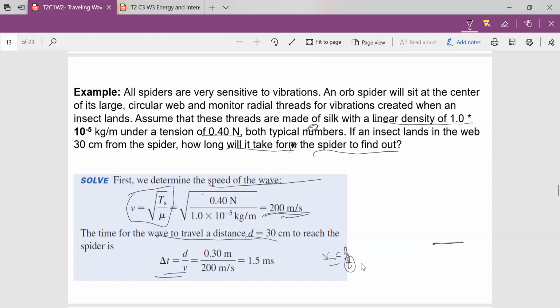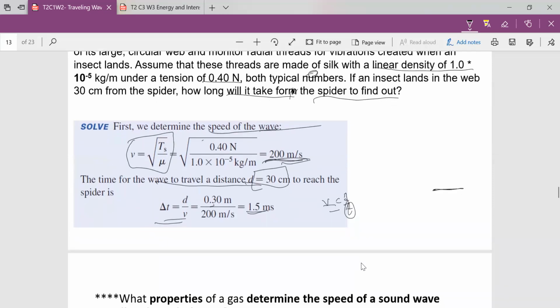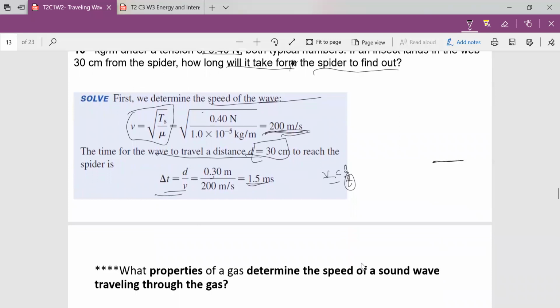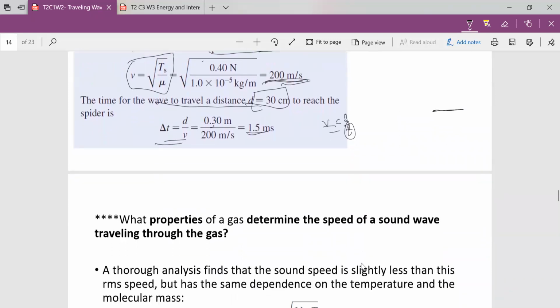Converting the distance to meters, we have 0.3 meters over the speed we just calculated, to give us 1.5 milliseconds. So it takes 1.5 milliseconds for the spider to realize that an insect just dropped 30 cm away from its center.